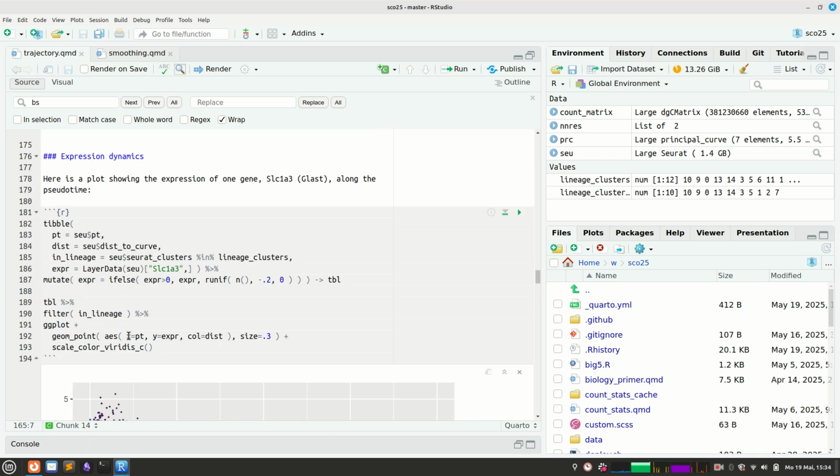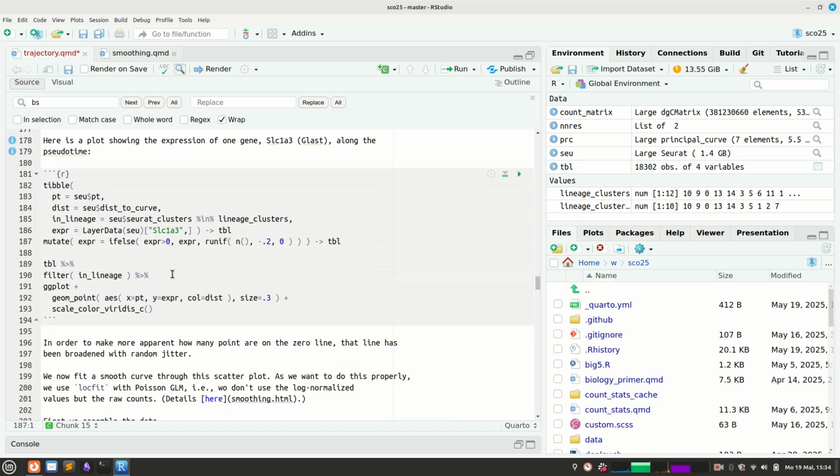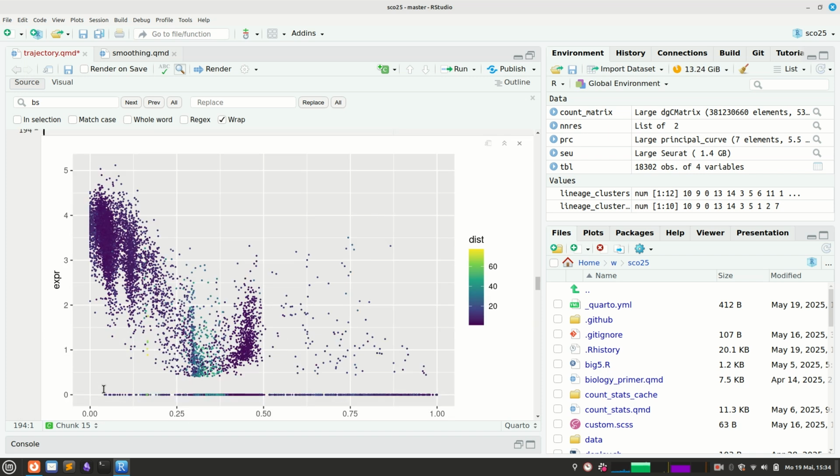So first I show you how it looks without that. Now you see all these zeros on top of each other, and we have no chance to see how many points are plotted on top of each other.